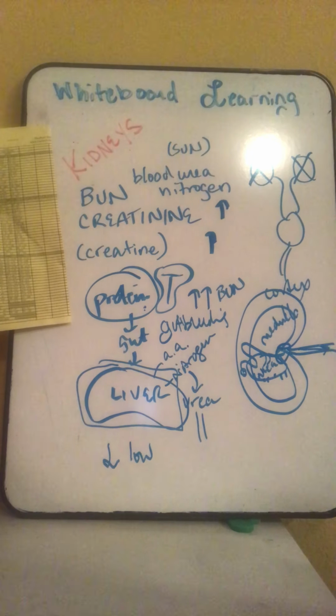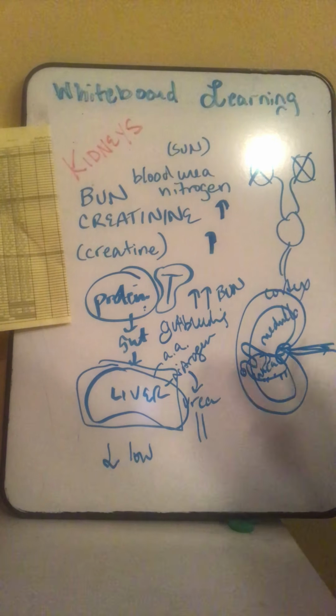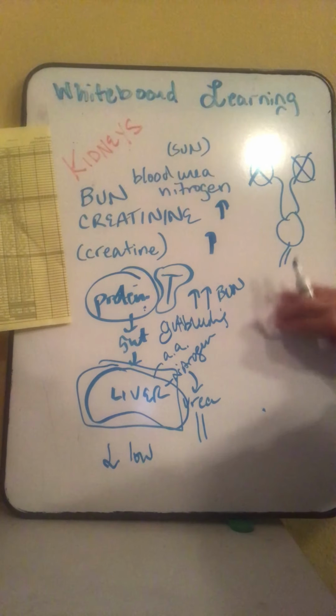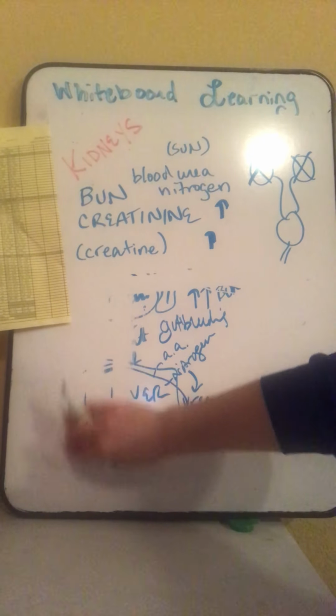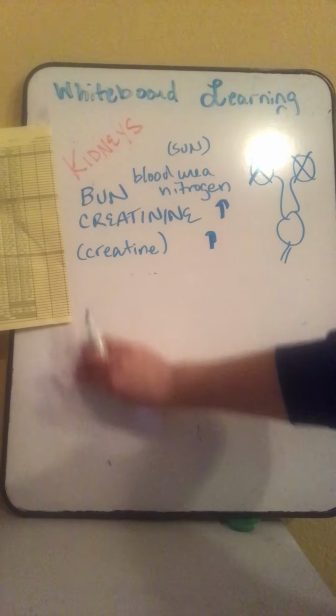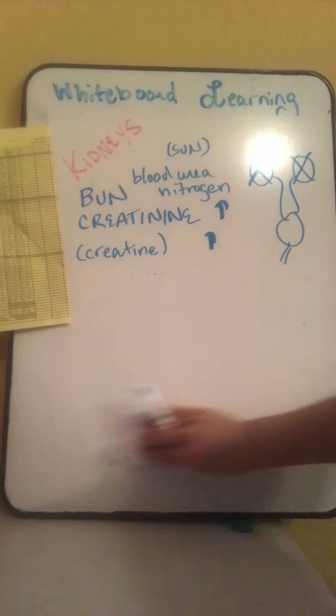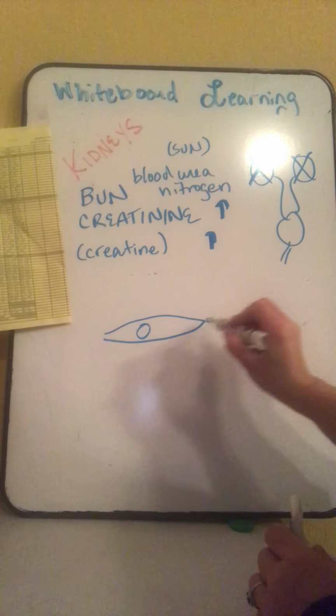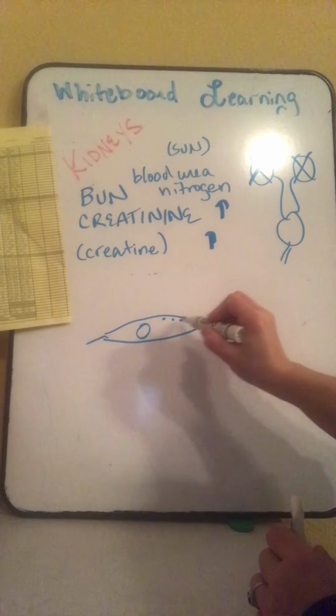Now what about creatinine? Well, creatinine, instead of being some of the other proteins in your body, is your own protein. So in your muscle, and this is how it relates to creatine, creatine is a protein in your muscle. So you have a muscle fiber that can contract, and it's got creatine all in it.